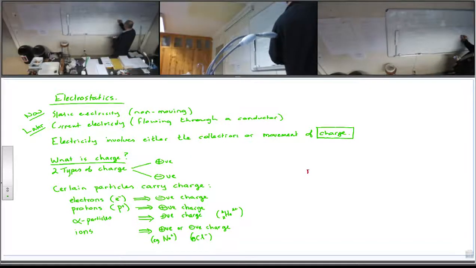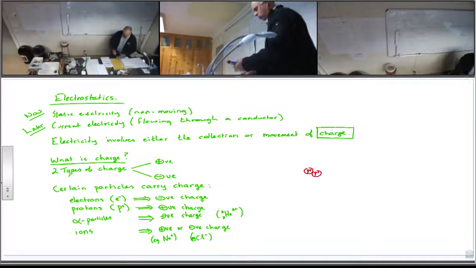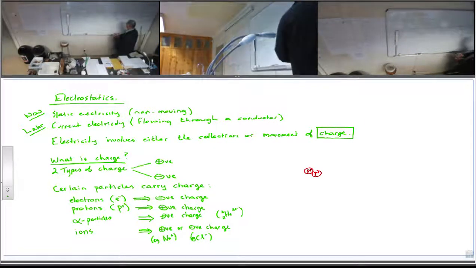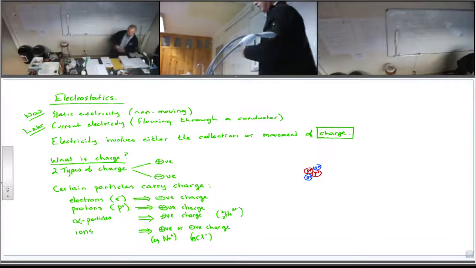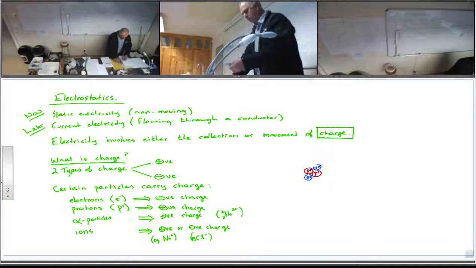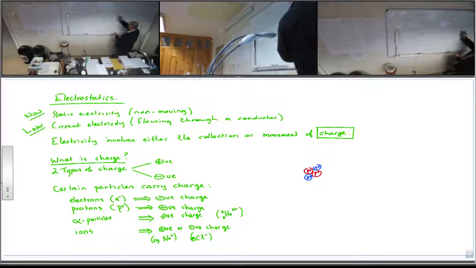So it's got a P positive, we'll put it there, and we've got another P positive, we'll put it there. How many neutrons? 2, so let's draw them in blue. Neutral with a 0 to show that it's got no charge. There's your nucleus. What does it have buzzing around it normally? It's got 2 electrons buzzing around it. We'll draw the one E negative and the other one E negative.